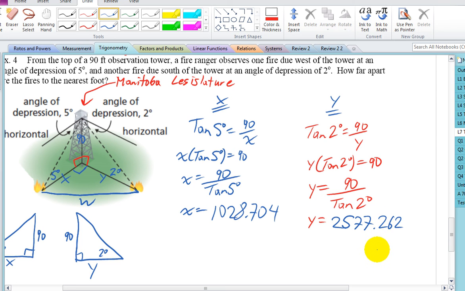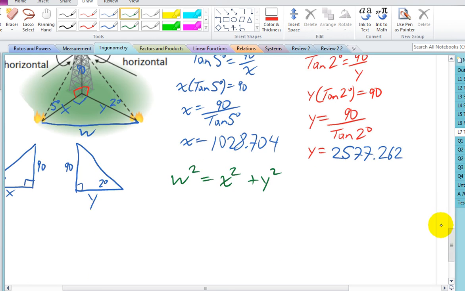Good. Now what are we going to do for w? How are we going to solve that? You know x and y. What do we do with our right triangles? Yeah, Pythagoras. So x squared plus y squared. That's why I wanted to keep the numbers in the calculator.